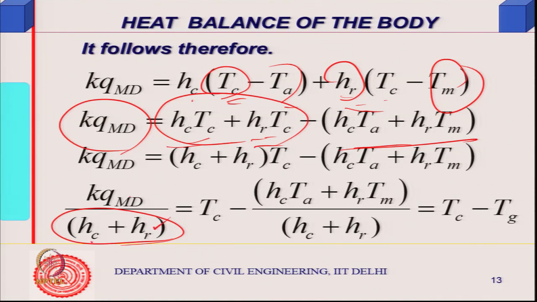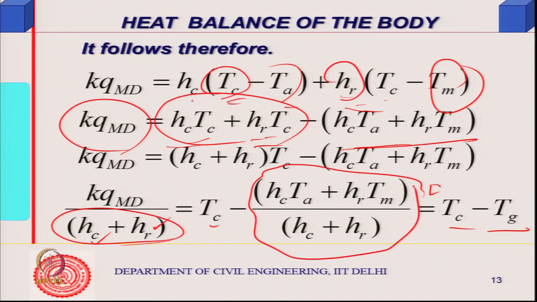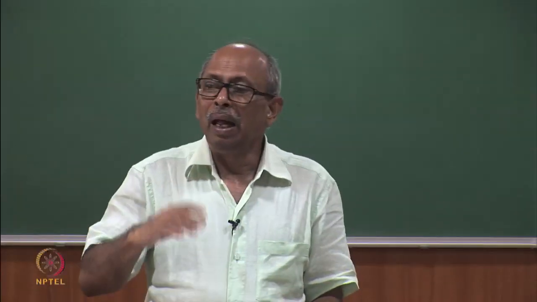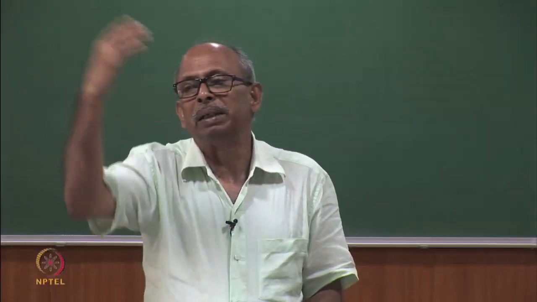Hr is the radiative heat transfer coefficient, and Hc the convective heat transfer coefficient, and this will be given as Tc minus Tg, because Tg was, remember, all that we are trying to show here is that Tg is an important factor if mean radiant temperature is high.